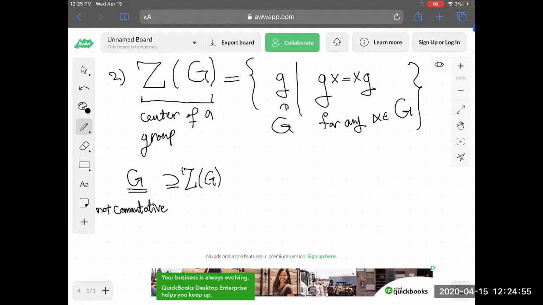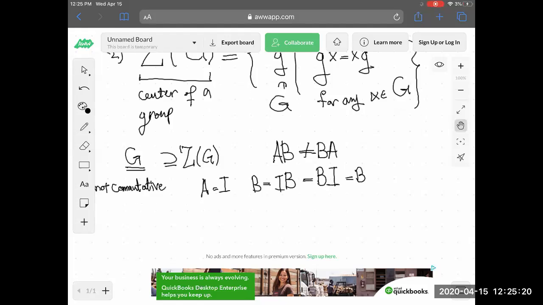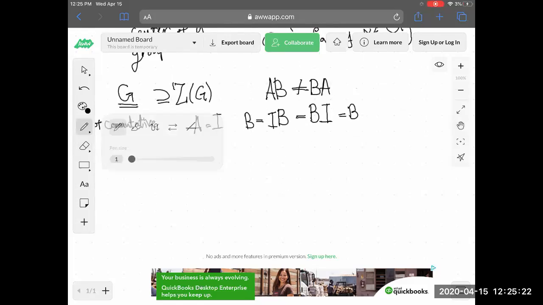Okay, so for example, we know 2 matrices don't commute in general. So AB is not necessarily equal to BA. But if we take A to be the identity matrix, the identity times any matrix B is equal to that matrix times the identity matrix, because both of them are simply B. Okay, do you have any other example but the one I mentioned? Any other example besides the identity which commutes with any other matrix?